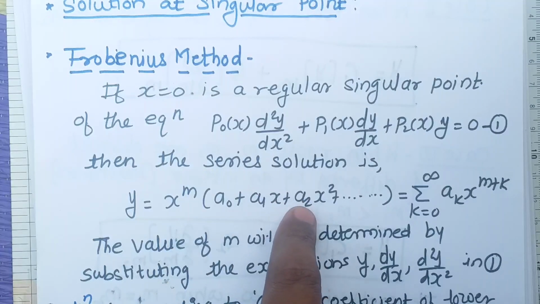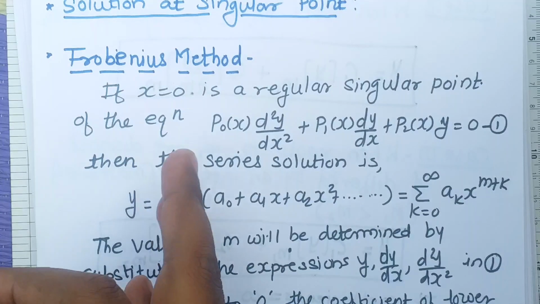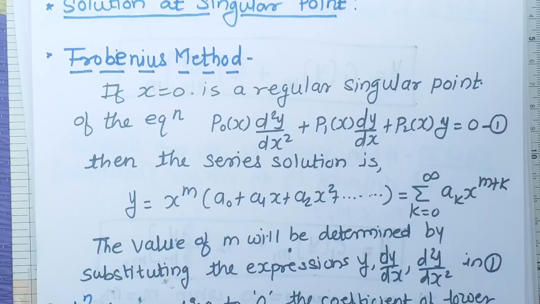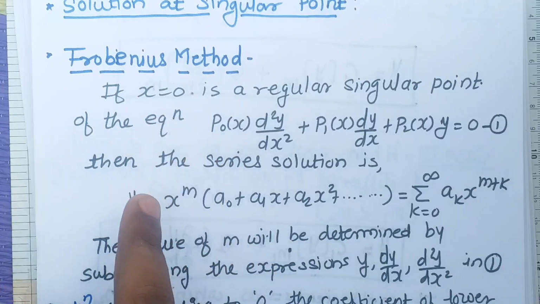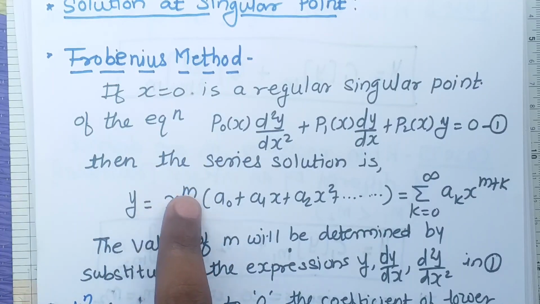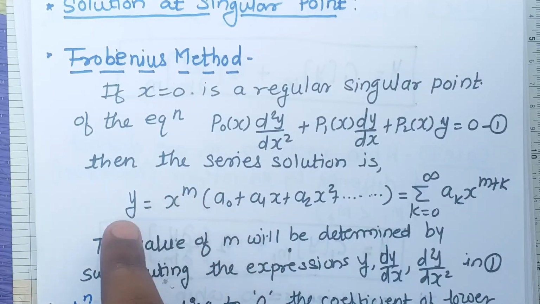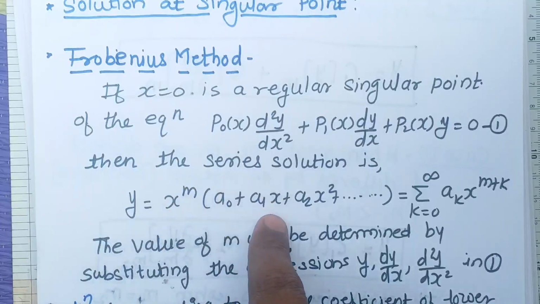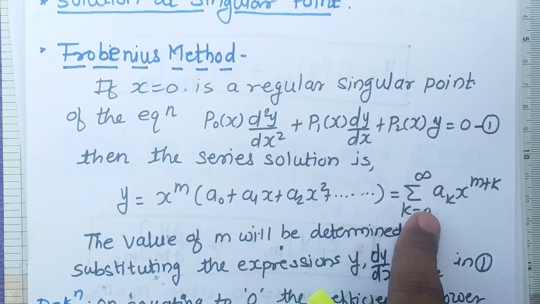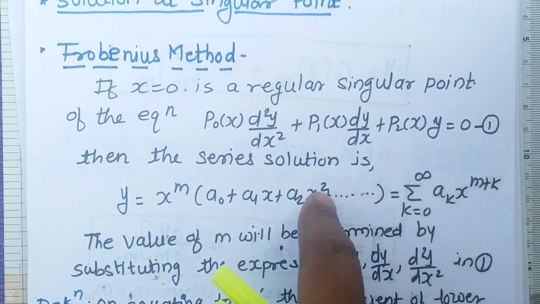This type of power series we considered as a solution in the first method, the power series method, where we calculated the solution at an ordinary point x = 0. Here, one additional factor x^m is multiplied to that power series in the Frobenius method. Because of that, the power series summation of ak x^k becomes ak x^(m+k).